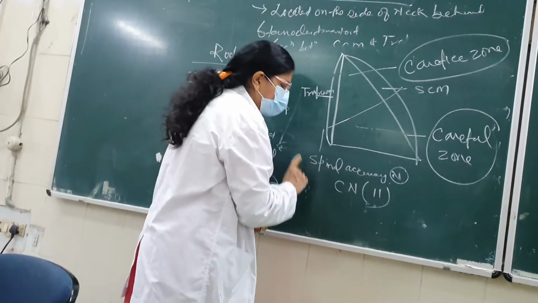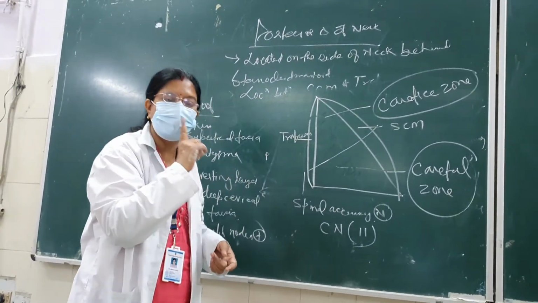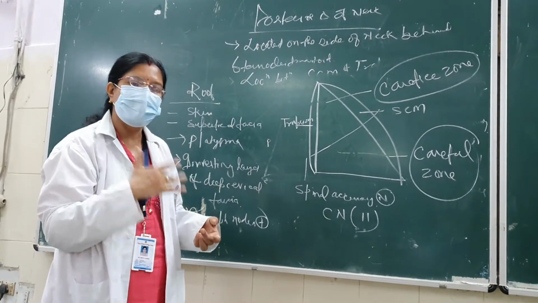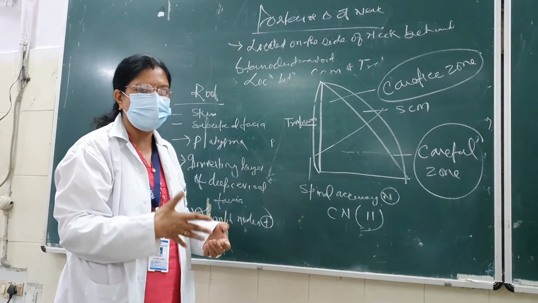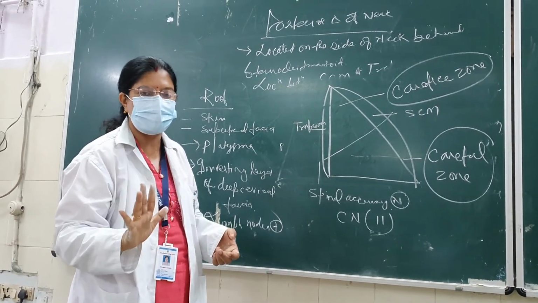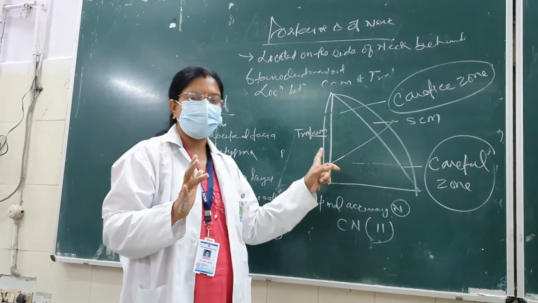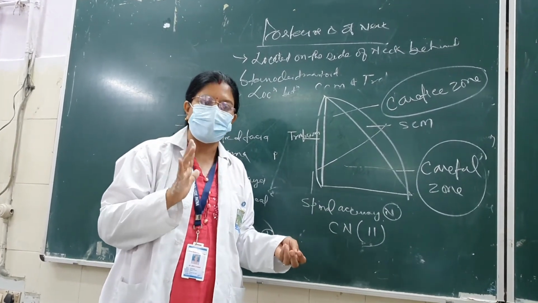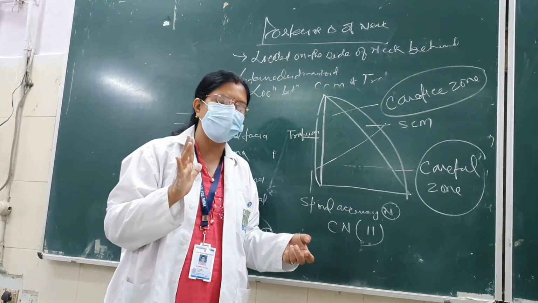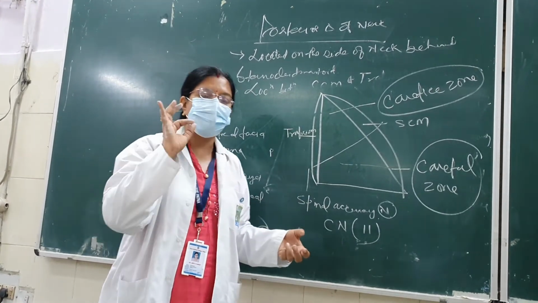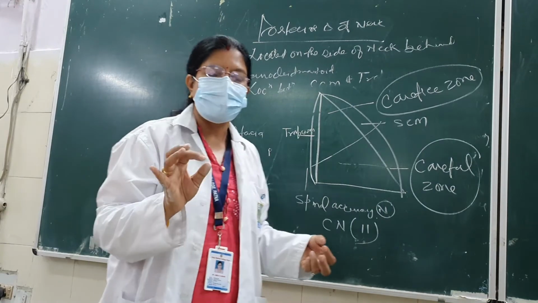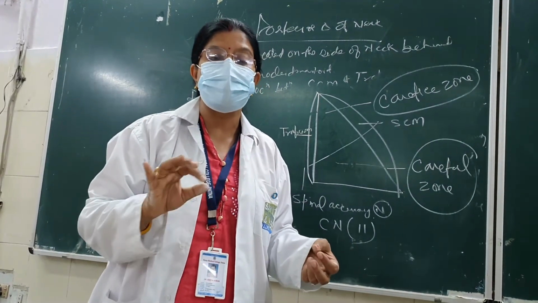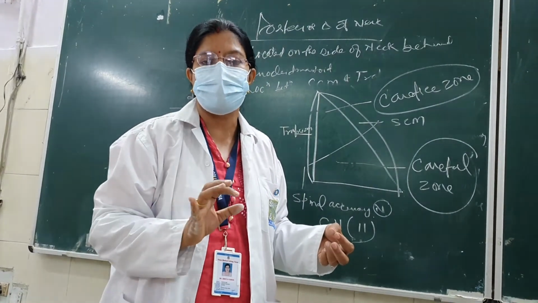So that is the importance of this spinal accessory nerve, and it gives supply to both the sternocleidomastoid as well as the trapezius. Both are forming the boundary. So it is an important, genuine content. In Gray's it is written that it is the most important and genuine content of the posterior triangle of the neck.